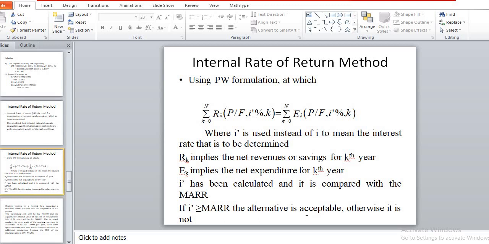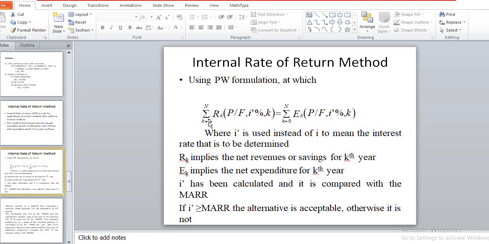So in other words, we can say that if you move this term to the left hand side, the subtraction becomes 0, and this we consider using the present worth method.